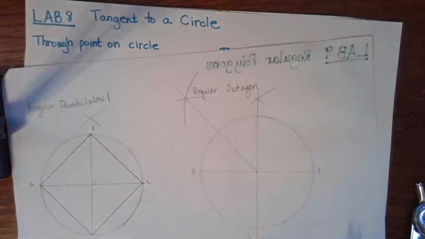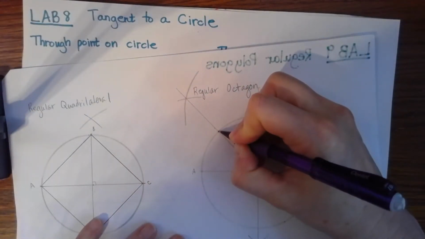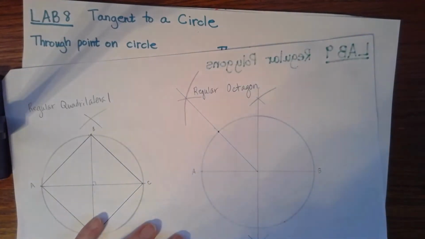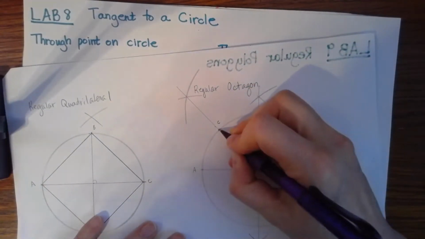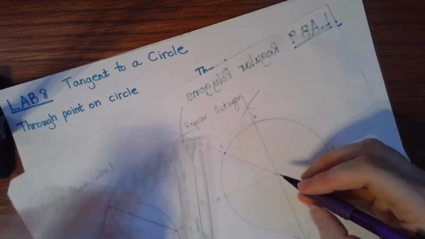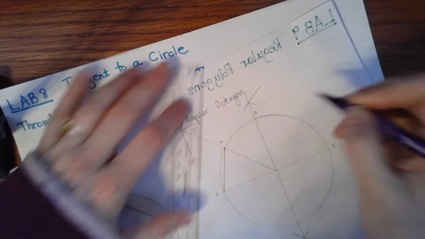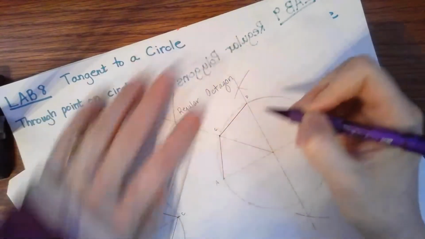Okay, that will be the angle bisector, which means that from A to that point right there will be one of the sides of my octagon, and then let's call this C. So AC is on my octagon and AD is on my octagon as well. So this is one of my sides, AC, and this is one of my sides, CD.